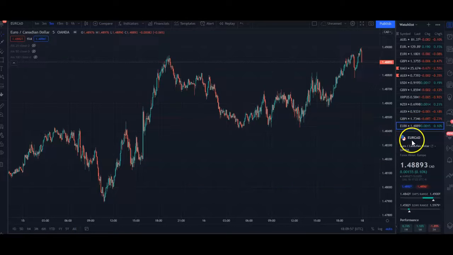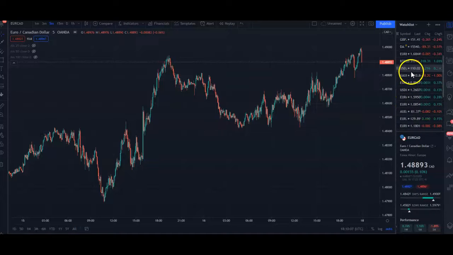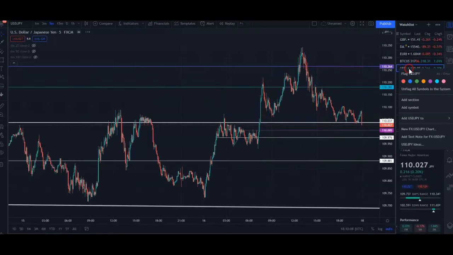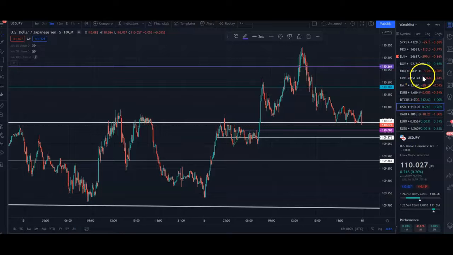The newest pair that you add is always going to be at the bottom. And then you can see you have all these pairs that I've already added. If you want to remove a pair, you just click on it and you see there's this little X right here. You just hit that X and then it'll delete it.